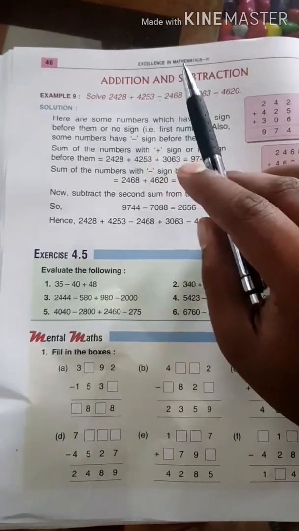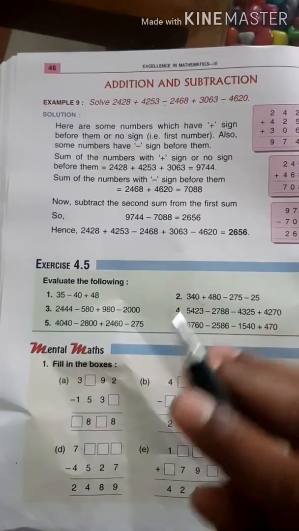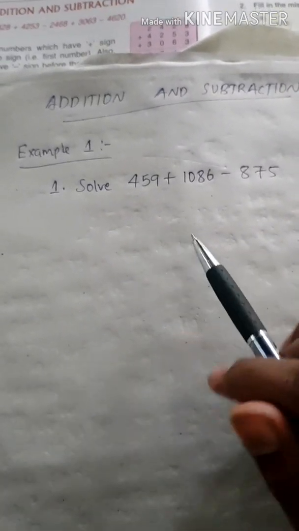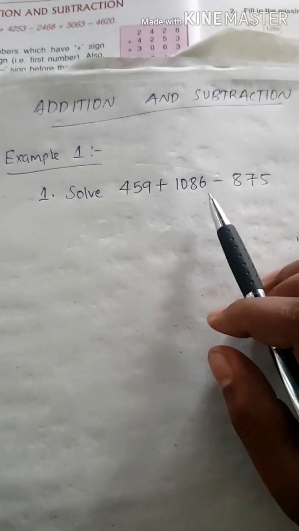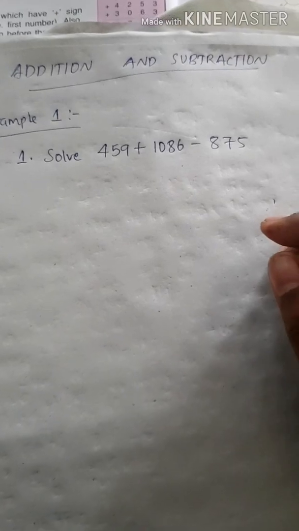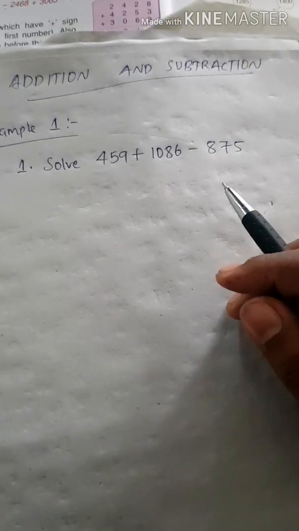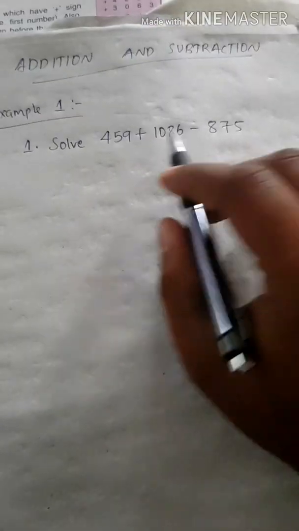Okay, so let us take an example so that you can understand it clearly. So first example, here you can see the question: solve 459 plus 1086 minus 875. So students, in this question you can see there are two positive numbers.